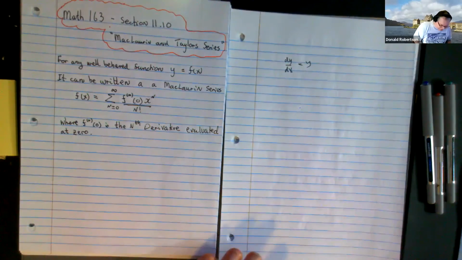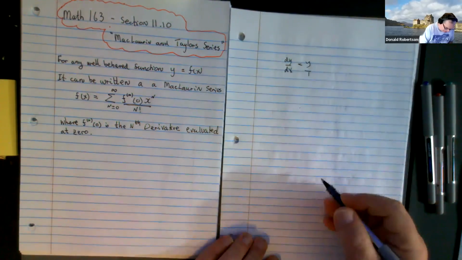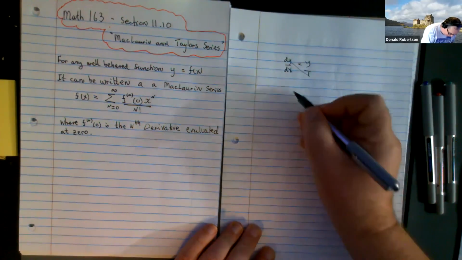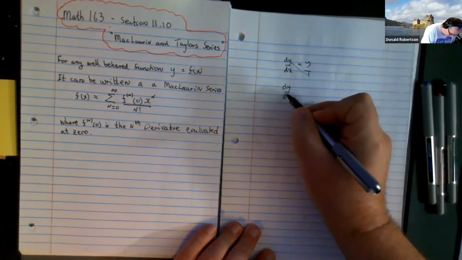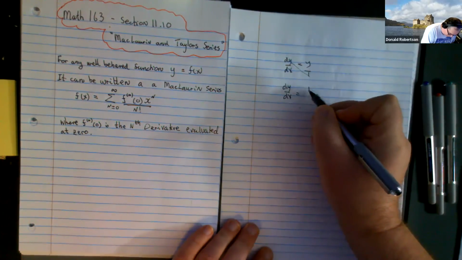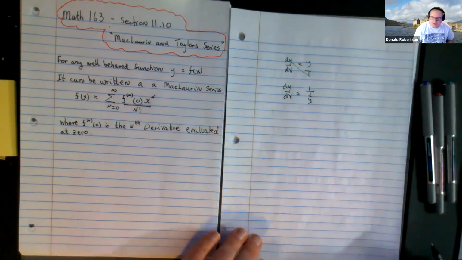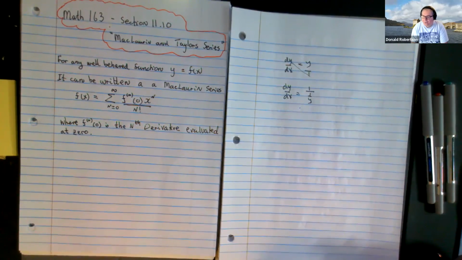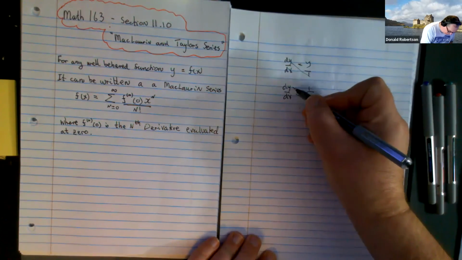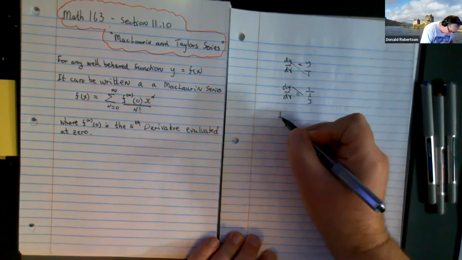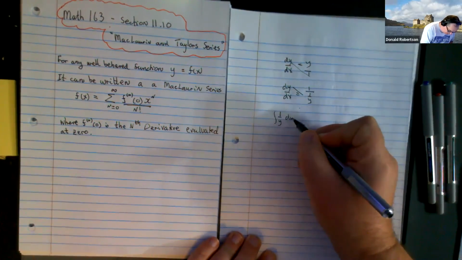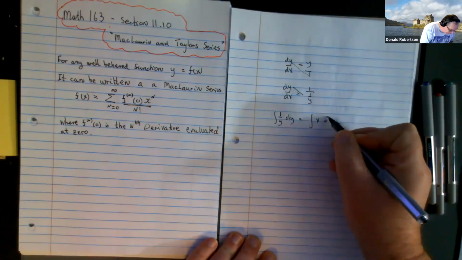Okay, so I'm trying to get back to my first window so I can see what I'm doing. So you had this, right? Now, this is not variable separable the way it's written. Now it's variable separable. So the integral of 1 over y dy is equal to the integral of x dx.